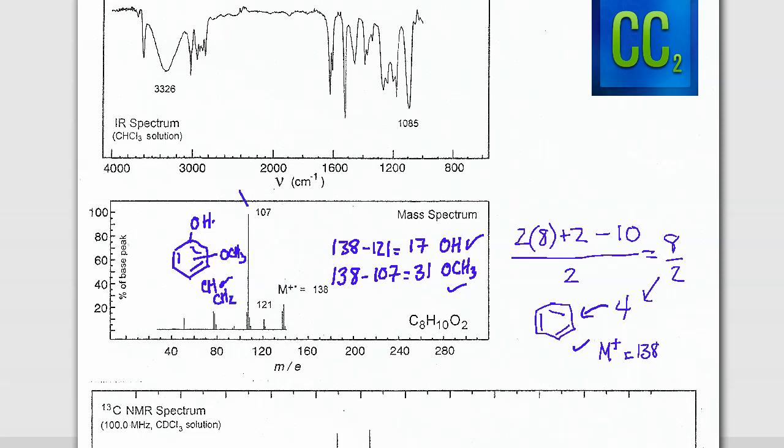Okay. And 107 right here, that's the base peak or the largest peak. So that represents the most stable ion. And if you look at just phenol, which is the aromatic with the OH, that comes out to 94, okay?